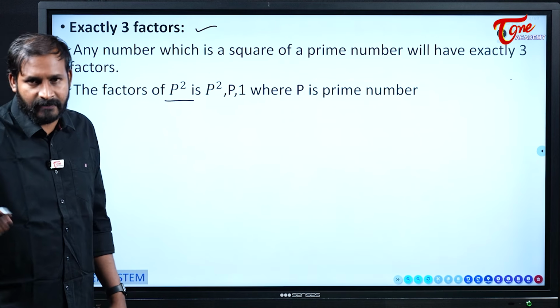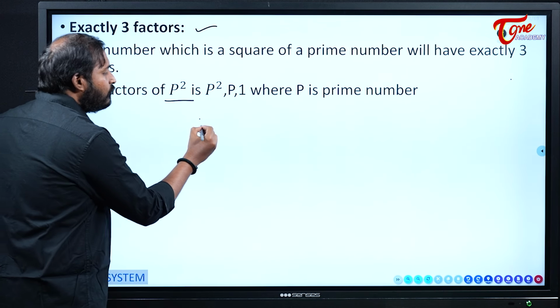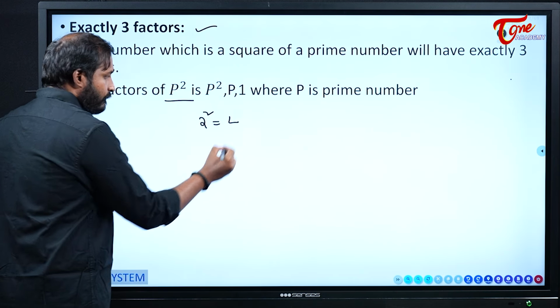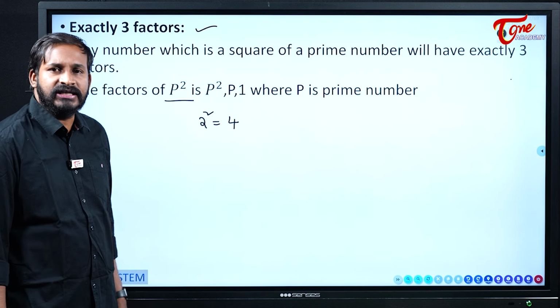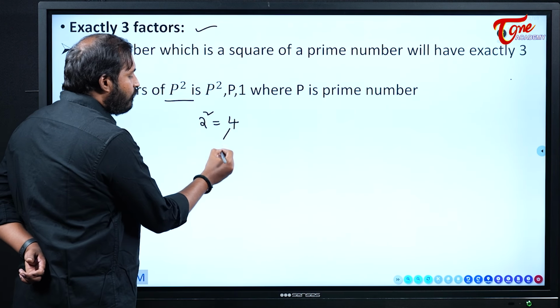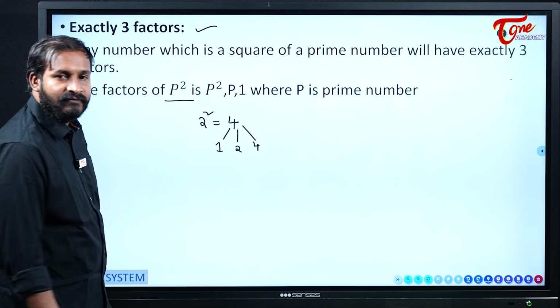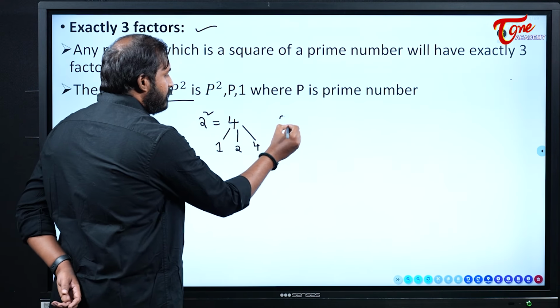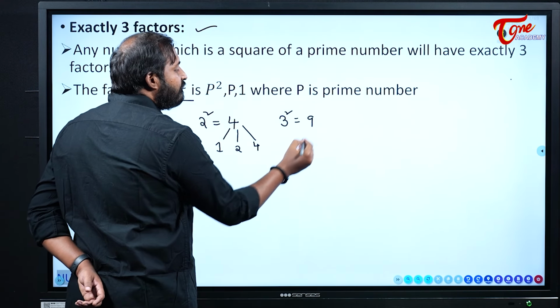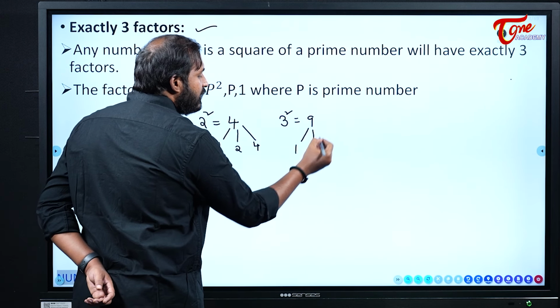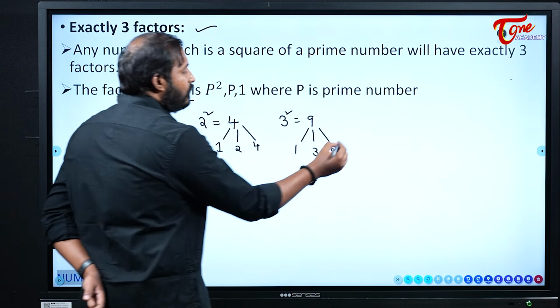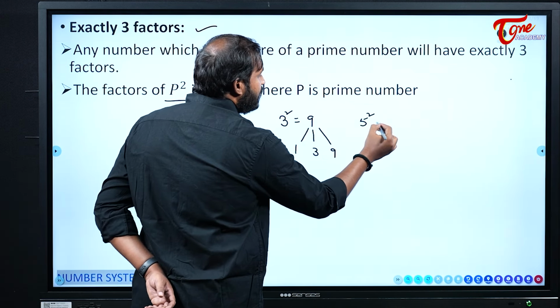Take for example, what is the square of 2? 2 square is 4. What are the factors of 4? 1, 2 and 4. Similarly 3 square is 9. What are the factors of 9? 1, 3 and 9. 5 square is 25.